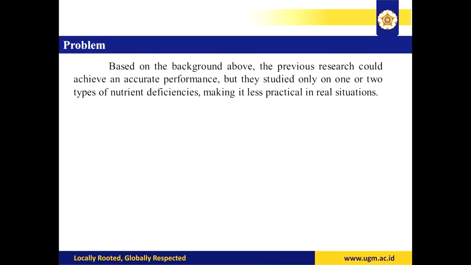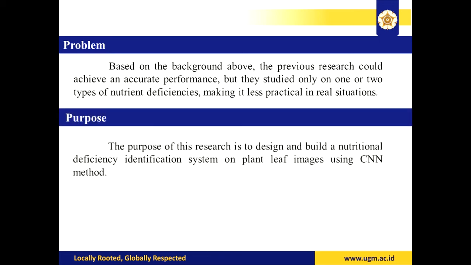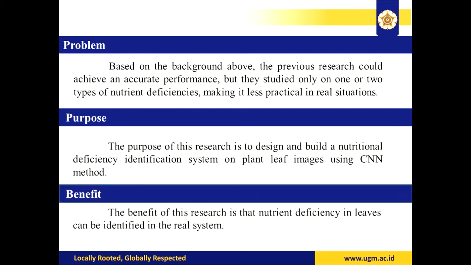Based on the background above, the problem is that previous research could achieve accurate performance, but they studied only one or two types of nutrient deficiencies, making it less practical in real situations. The purpose is to design and build a nutritional deficiency identification system on plant leaf images using the CNN method. And the benefit is that nutrient deficiency in leaves can be identified in a real system.